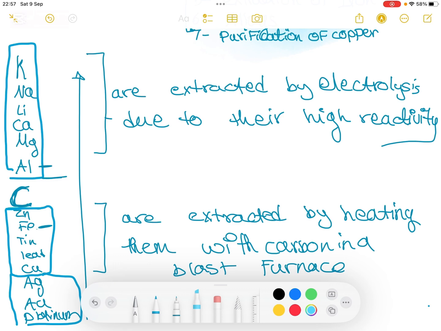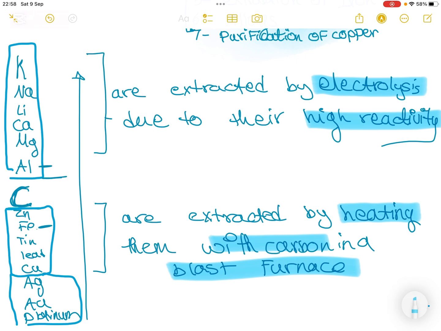Metals above carbon are extracted by electrolysis due to their high reactivity. Metals below carbon are extracted by heating them with carbon in a blast furnace. We still have silver, gold, and platinum. These have very low reactivity and do not need to be extracted because they are so unreactive.